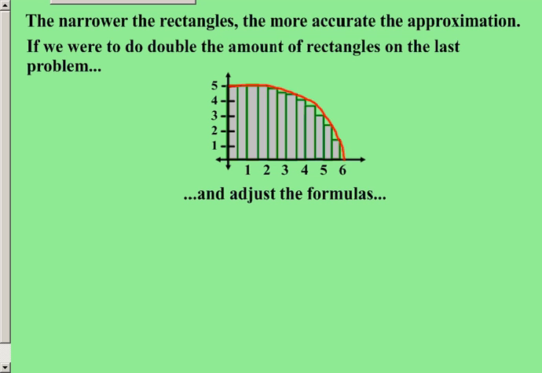Now this would just simply involve dealing with the width of the intervals. Our summation would now go from i going from 1 to 12, since there's 12 rectangles filling the space this time. Our width is 1/2. Okay, so let's figure out the height of the rectangle.